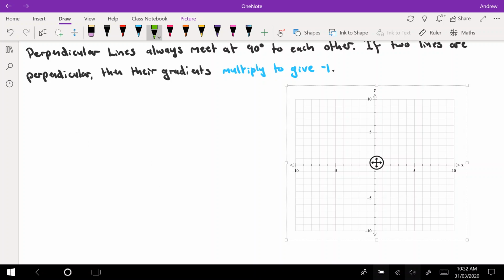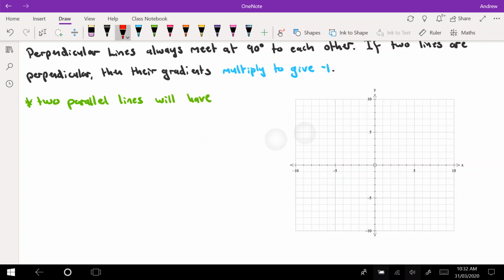So, two parallel lines will have the same gradient. If two lines are parallel, they share the same gradient.